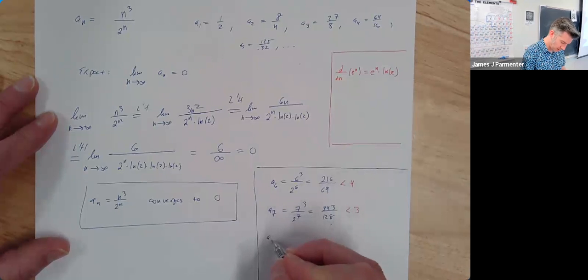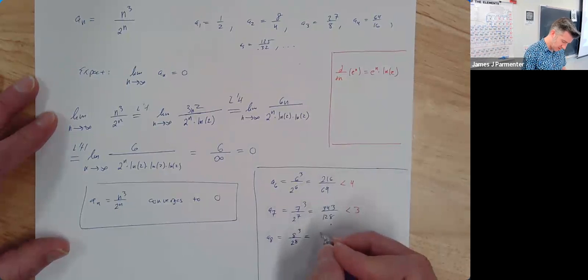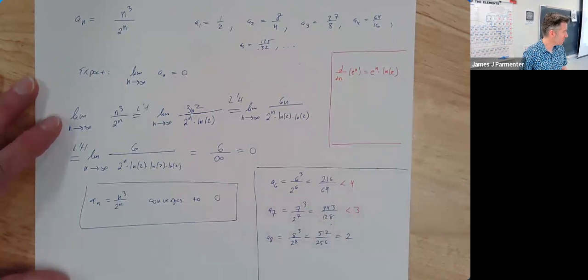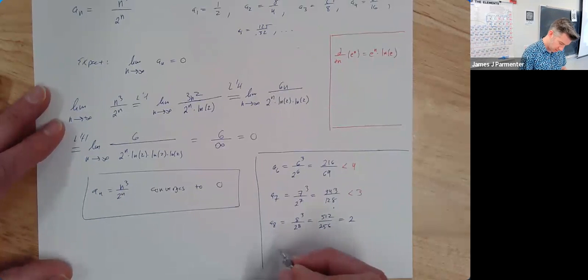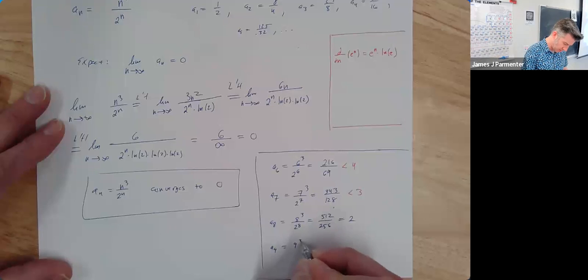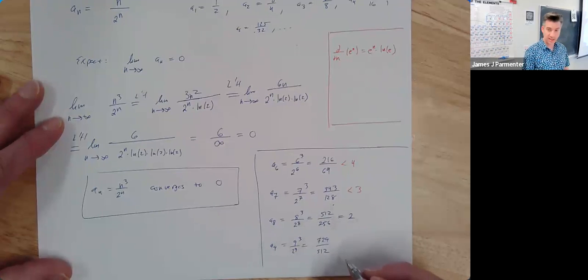And if we do a couple more, A8 is 8 cubed over 2 to the 8th. 8 cubed is 512. 2 to the 8th is 256. This is actually exactly equal to 2. And we're getting smaller. A9 is 9 cubed over 2 to the 9th. 729 over 512, which is less than 2.